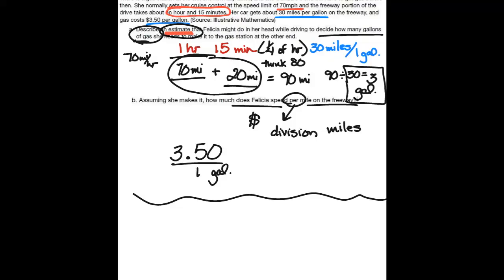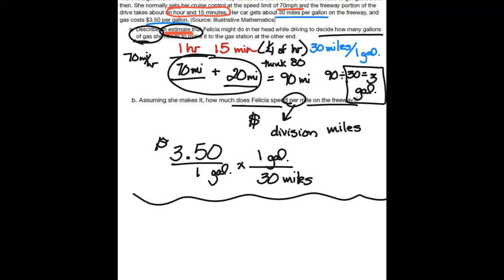Are we going to multiply by 3? For 1 gallon of gasoline, she can go how many miles? 30. Now, there are different ways to do this, okay?